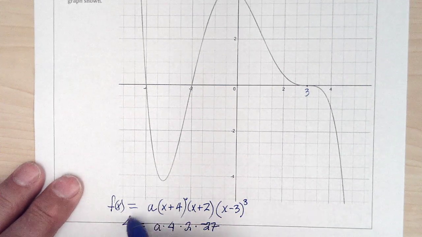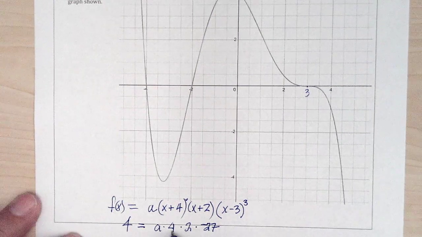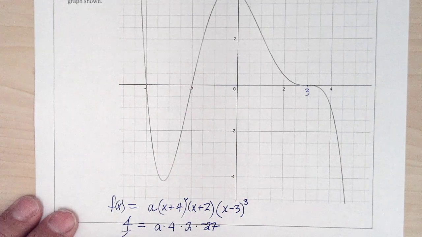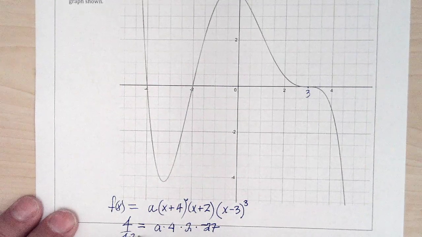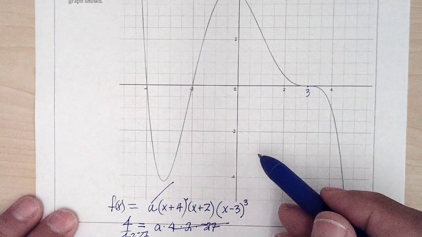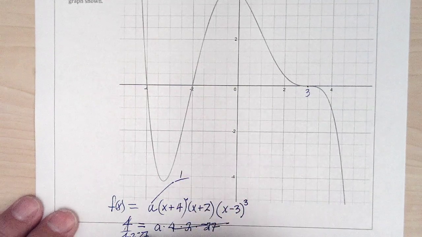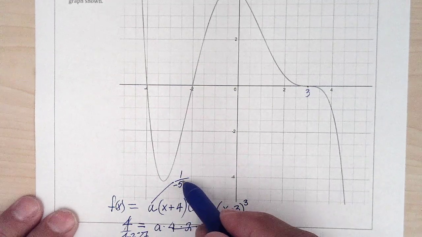And I'm supposed to have 4 for an answer. So I divide by a 4 and by 2 and by negative 27 to get rid of that. The a that goes here has to be, the 4's cancel, 1 over negative 54.